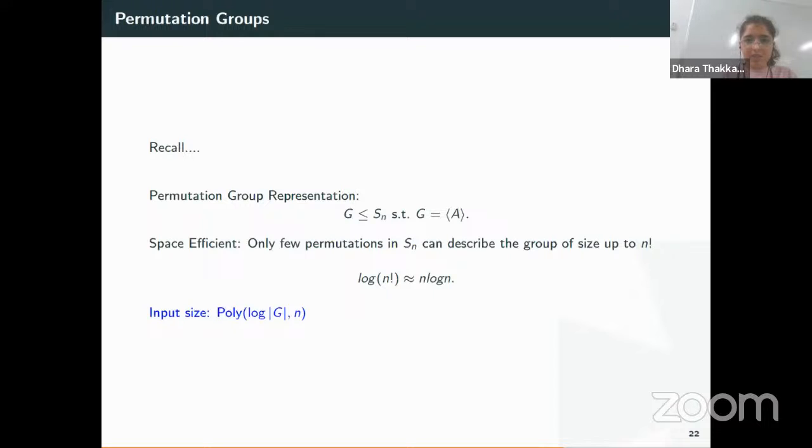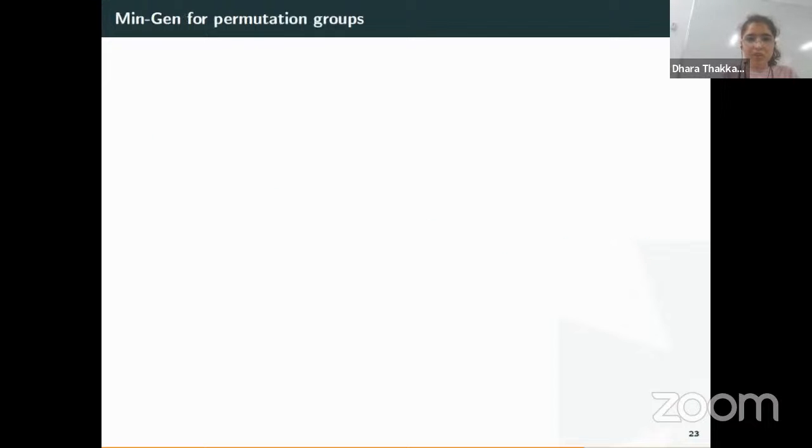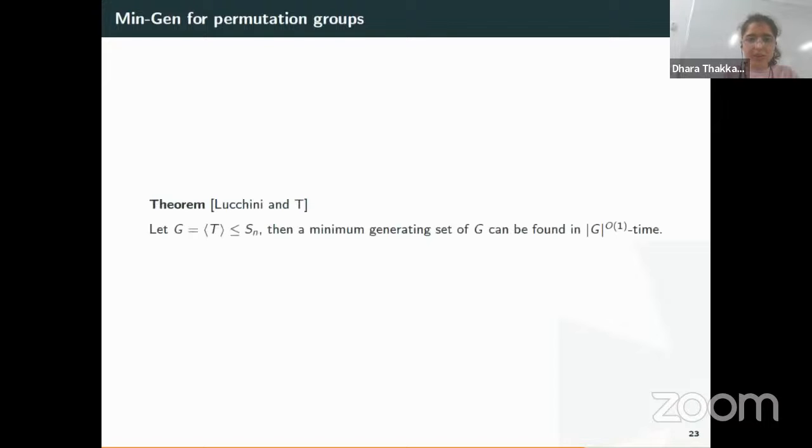Later we consider the permutation group representation that we have already seen. Here the group is given by its generating set. The polynomial time algorithm that we have just seen is also true even if the group G is given by its permutation group representation.